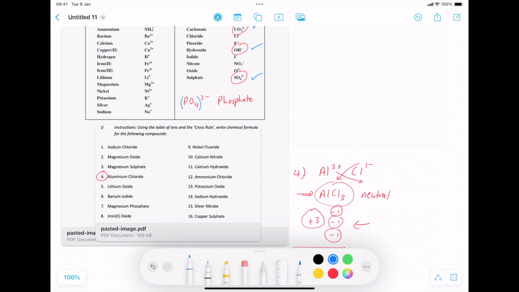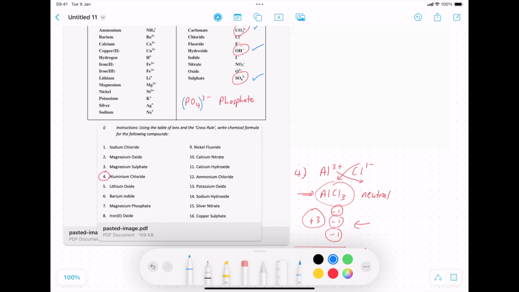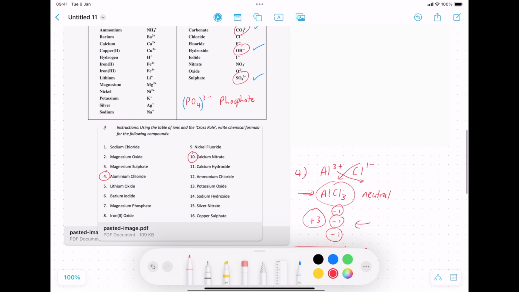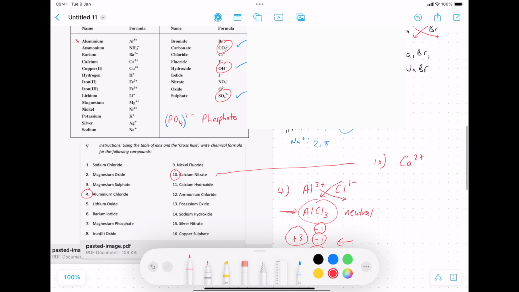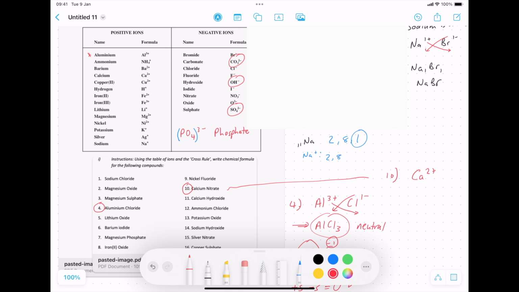So let's put that into action and try one which has got a compound ion. So for example, number 10, calcium nitrate. So calcium is in group 2, therefore has a 2+ charge. Nitrate is not in the periodic table. It's one we just need to know because it's a compound ion, and you just need to remember the charges with compound ions. And you'll see that it's right there. It has a negative sign, which means -1.